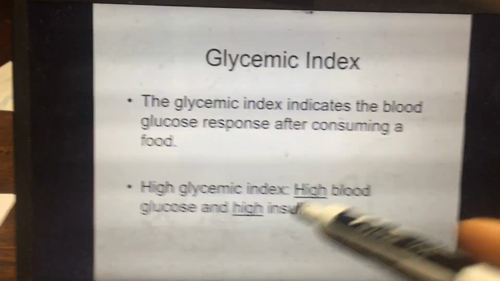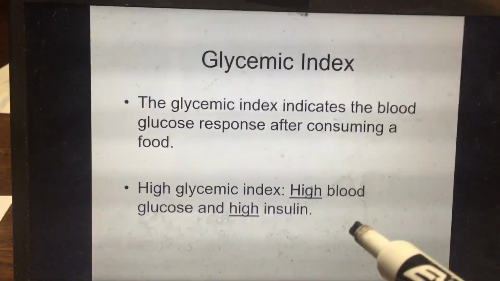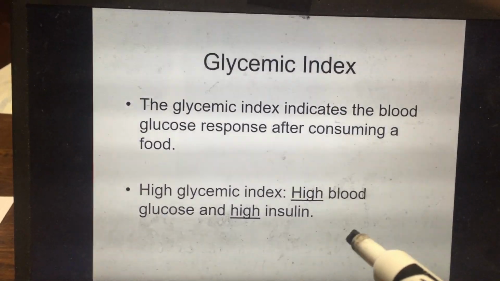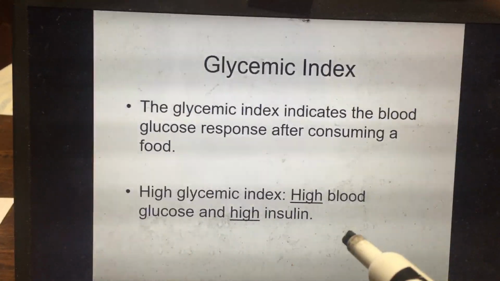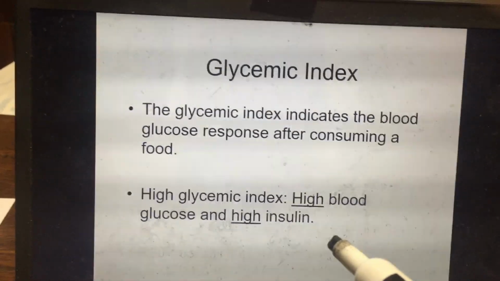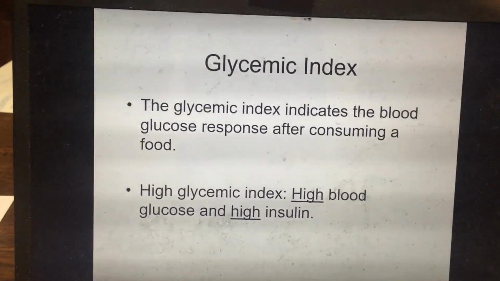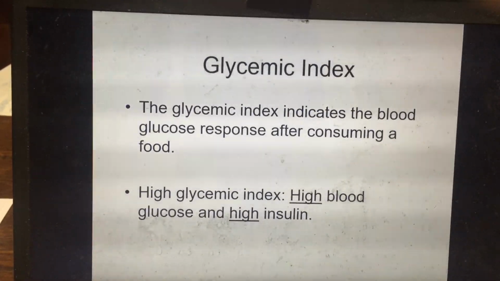Recall that high insulin levels inhibit fat oxidation. So theoretically, you would have lower fat oxidation if you consumed a high glycemic index food, and that would necessitate higher carbohydrate oxidation and faster depletion of glycogen.